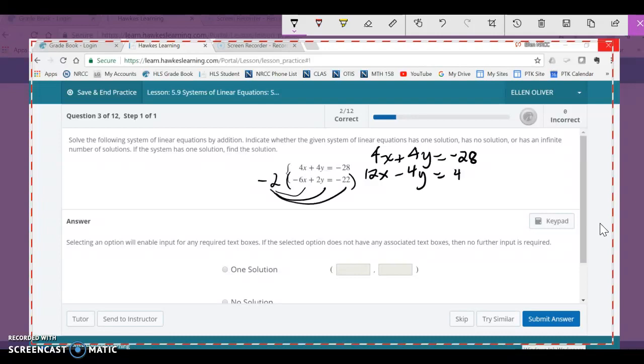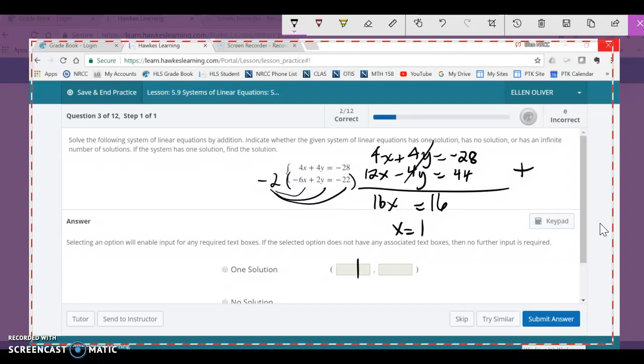positive 44. So now when I add these, my y's go away, and I get 16x equals 44 minus 22, 28, 24, 16. Divide by 16, so x is 1. All right, so now I just need to substitute x equals 1 into either one of those two equations.